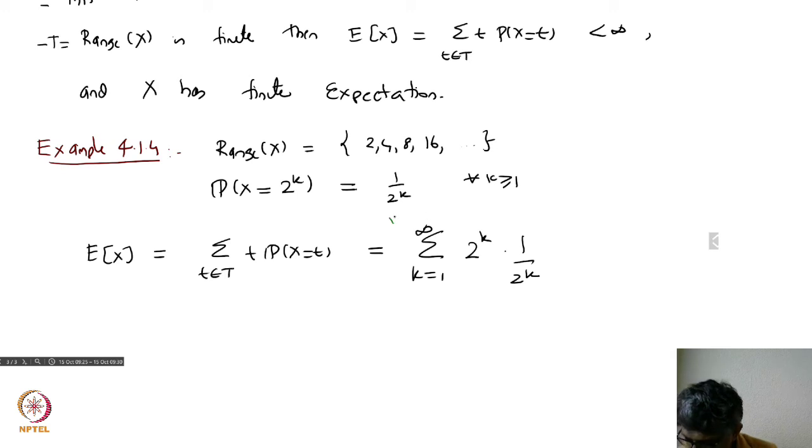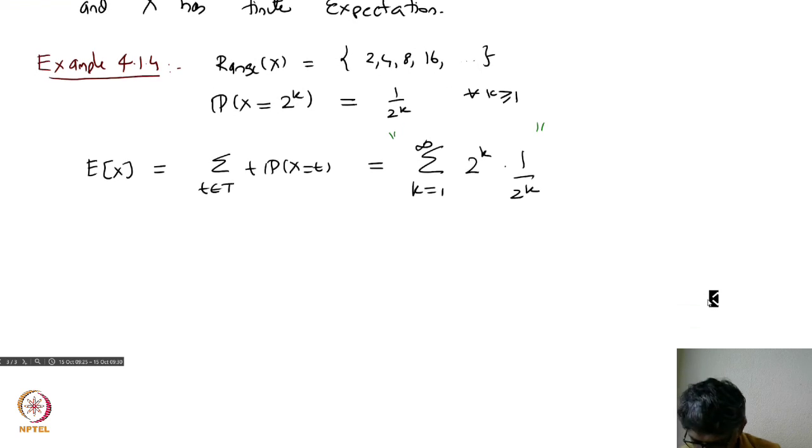How do you understand this sum? The way one would do it is to define S_n equal to the sum from K equal to 1 to n.